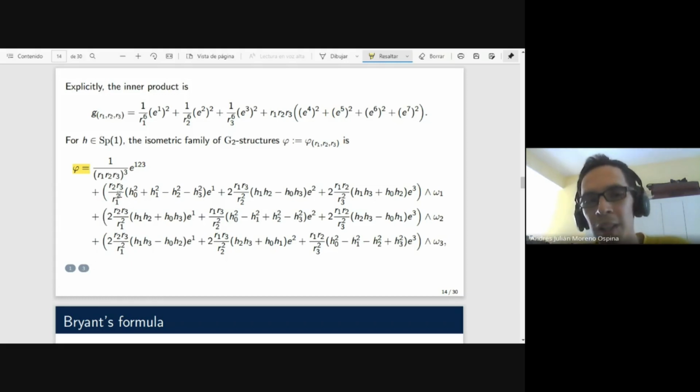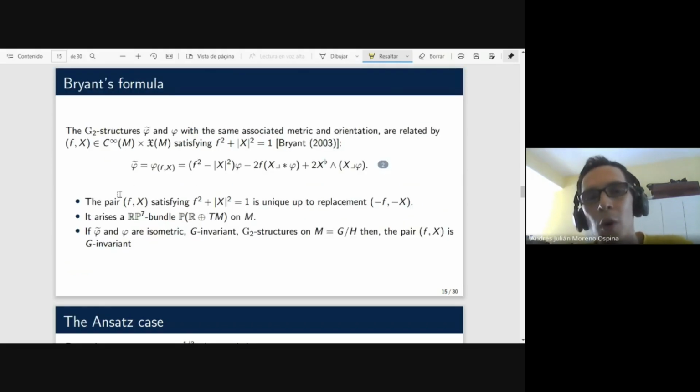So the alternative way to try to solve this geometric flow was to use Bryant's formula, which describes all the isometric G2 structures, which are those with the same associated metric and orientation.